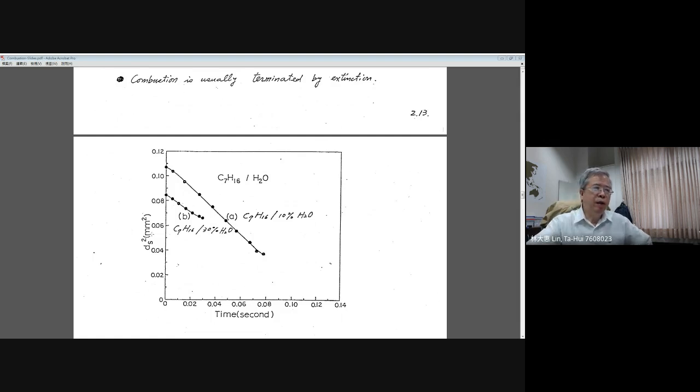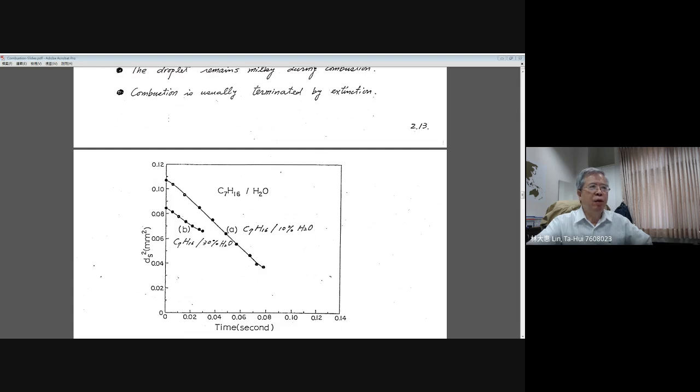But you will find that in most cases the flame disappears at a certain point, and this is, as I already mentioned, terminated by extinction.